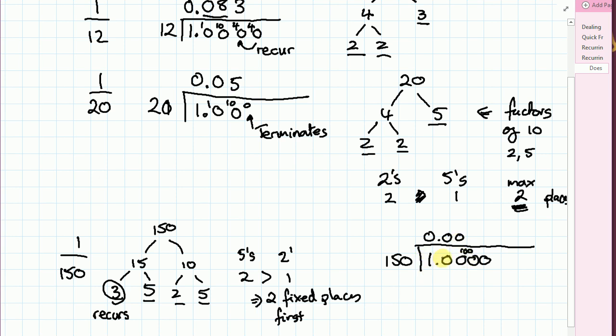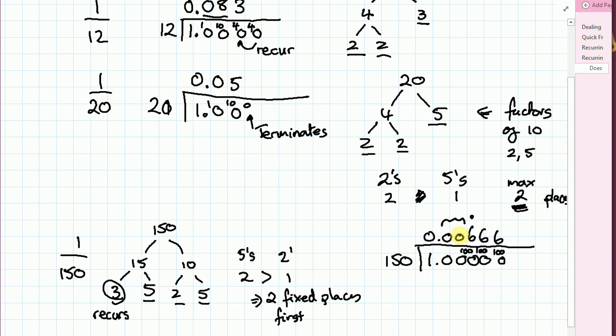It doesn't go into 10. Doesn't go into 100. Goes into 1,000. How many times does that go into 1,000? Well, 6 of them gives you 900. We carry 100 again. 6, carry 100 again. 6 carries 100. There are my 2 fixed places beforehand, and the 6 is my recurring digit.